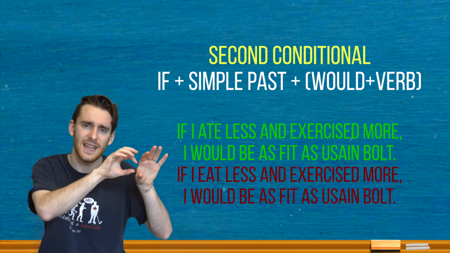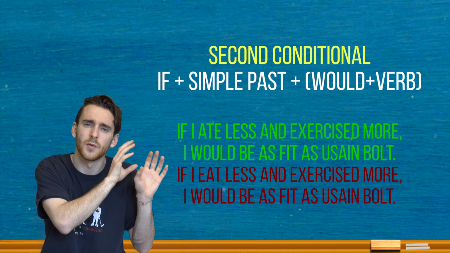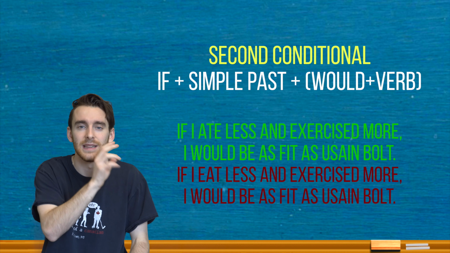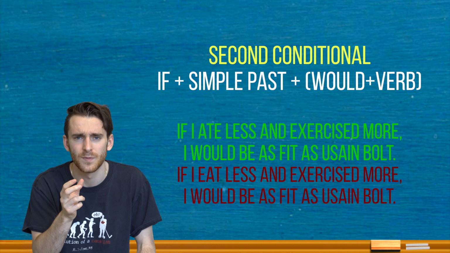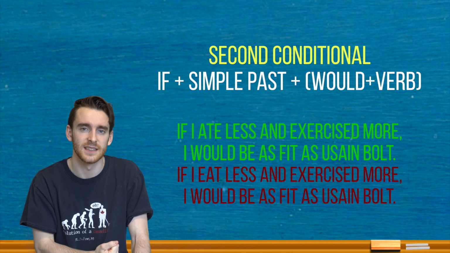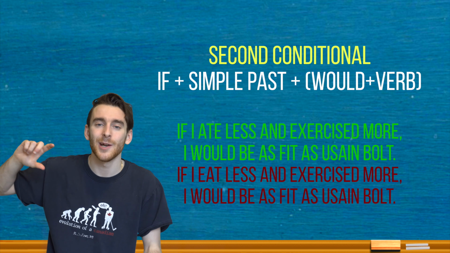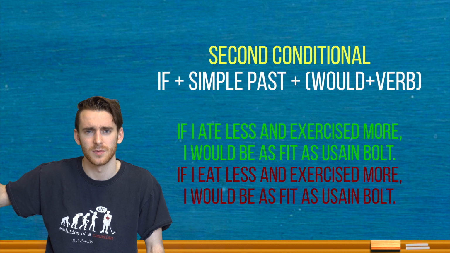Notice I'm talking if I ate. Okay, so the second conditional is formed like this: if plus the past plus would plus verb. All right, so if I ate less and exercised more, so you see both past there, I would be just as fit as Usain Bolt.